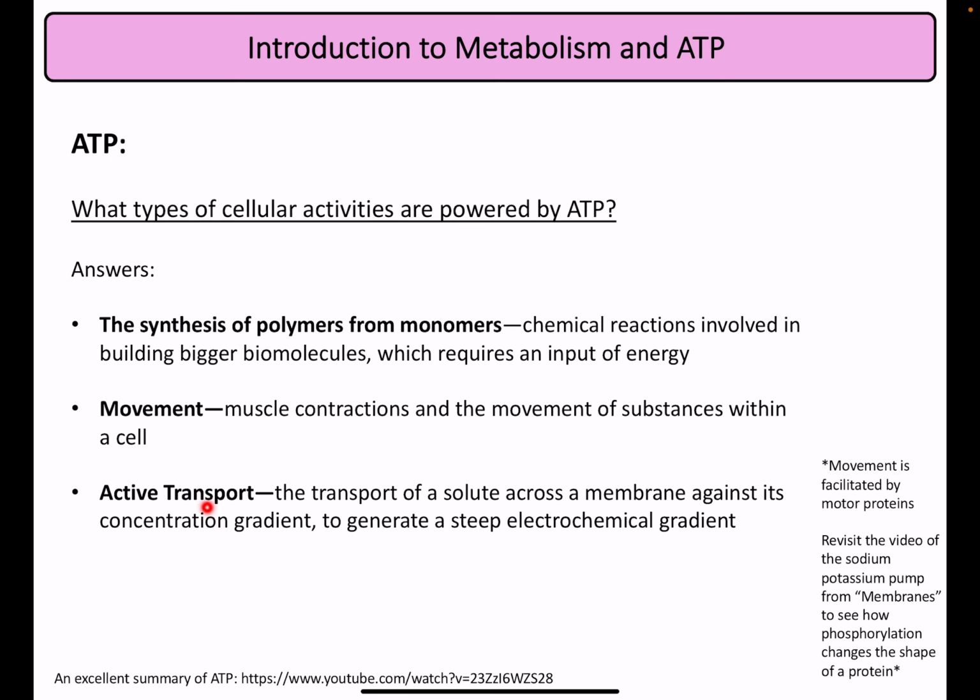And third, which we just drew out, we use ATP to do active transport, to create electrochemical gradients across our membranes, which we can use for other really important functions like our nervous system and our muscles.